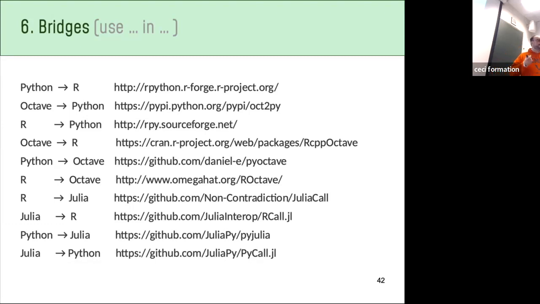So you will never be stuck in the languages that you have chosen, because you can use bridges to other languages. And also, as I said earlier, use Fortran or any other compiled code in your Python or Octave or R code.